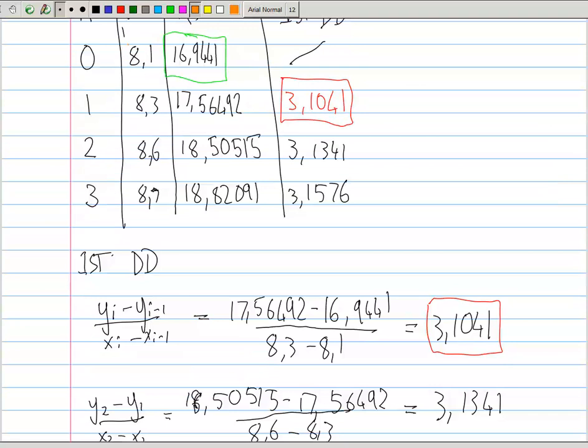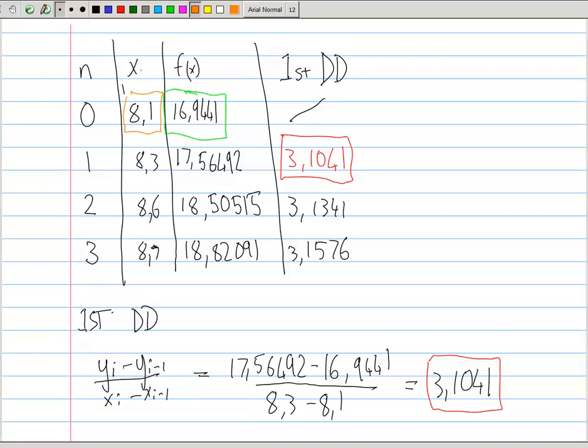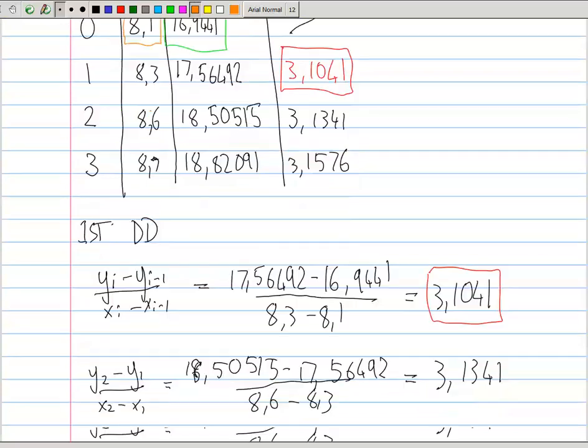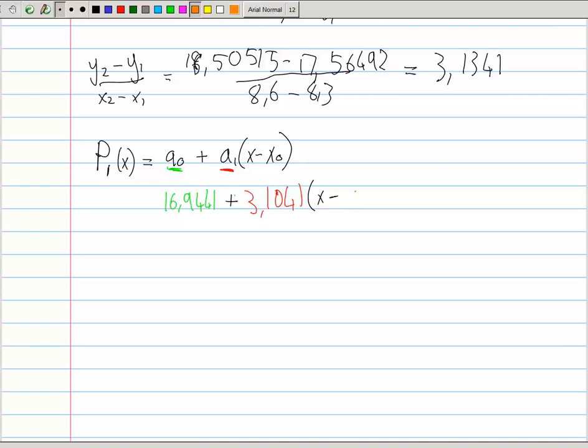Our x0 is this term over here, and it's that term because under x, this corresponds to our n0, so 8.1, so minus 8.1. And that is our p1 of x formula.